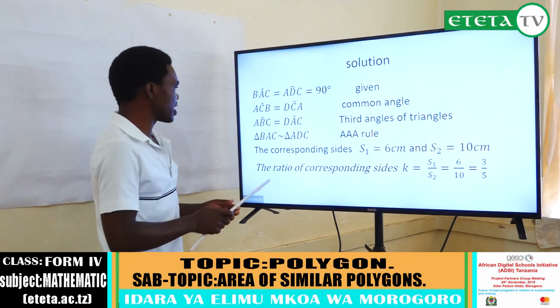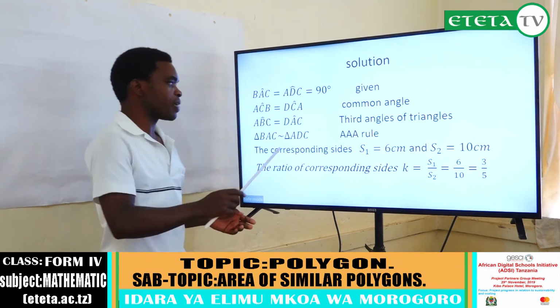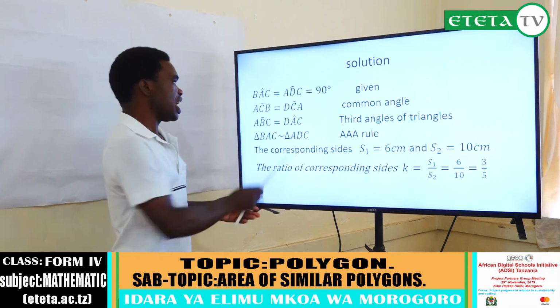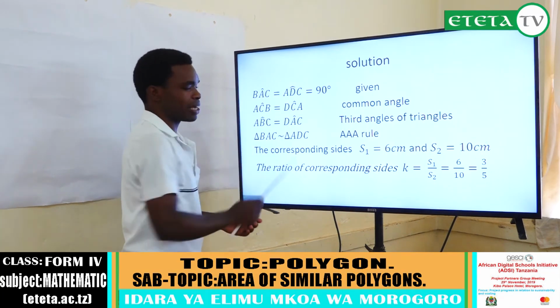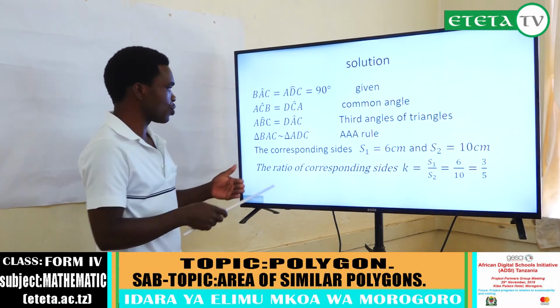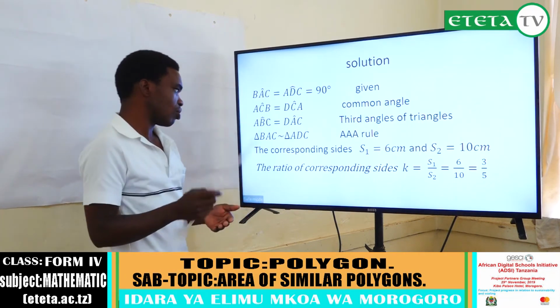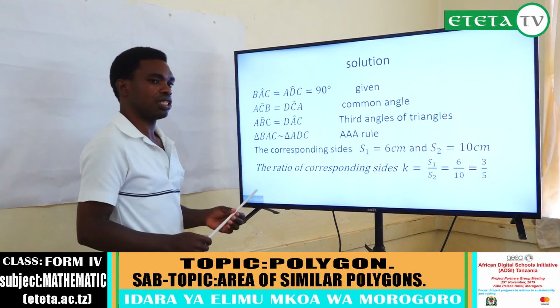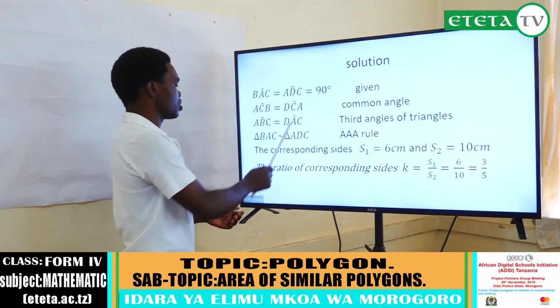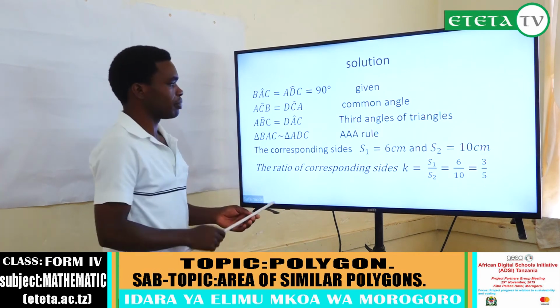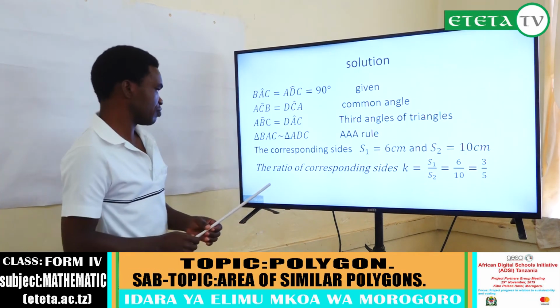The reason why they must be equal is that they will be the third angles of the triangles. If this and this one are equal, and this one and this one are equal, therefore this one must also be equal. Why so? Because we know that each triangle has 180 degrees. Therefore, if this one and this one are equal, the third one will complete the 180 degrees.